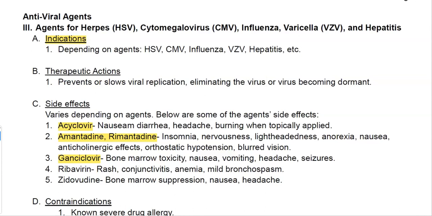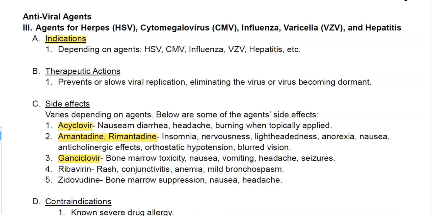Amantadine and rimantadine can cause insomnia, nervousness, lightheadedness, anorexia, nausea, and can also have anticholinergic effects, cause orthostatic hypotension, and blurred vision. So please remember that for amantadine and rimantadine. As you can see, these side effects are a little bit more severe compared to acyclovir.